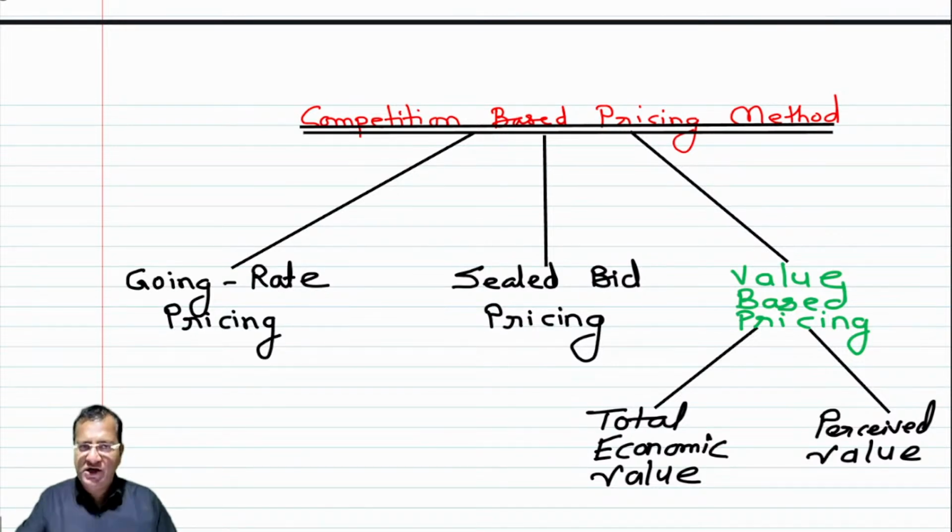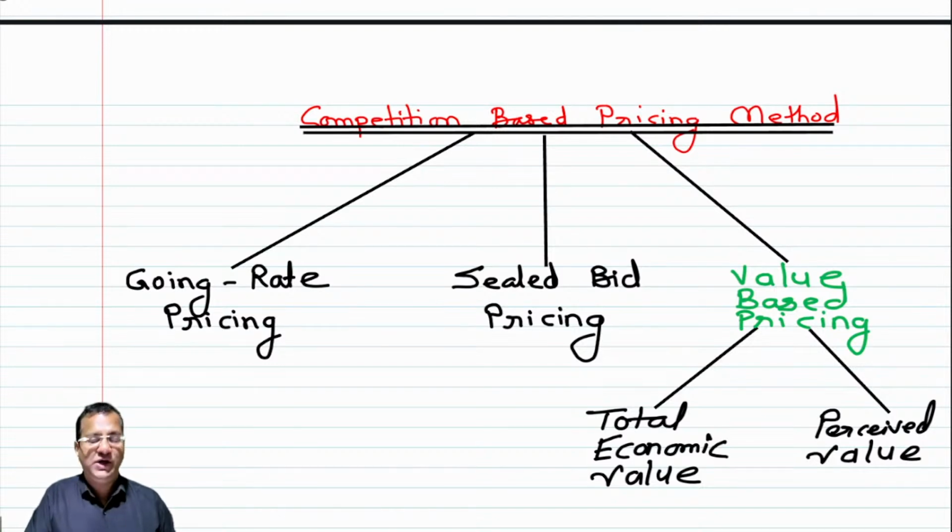I already told you multiple times that in this intensified competitive world, we are no longer the price setter. We are the price taker. Whatever price is prevalent in the market, we have to accept that price. Gone are the days when we set the price based on what cost we incurred. That is not the reality of today's world.